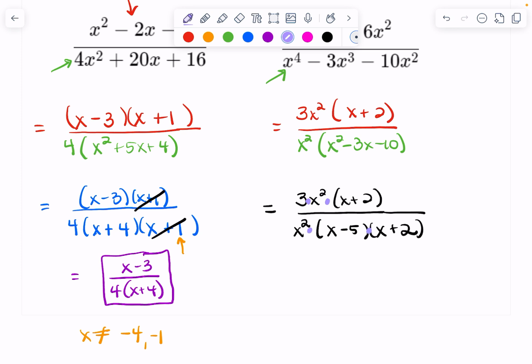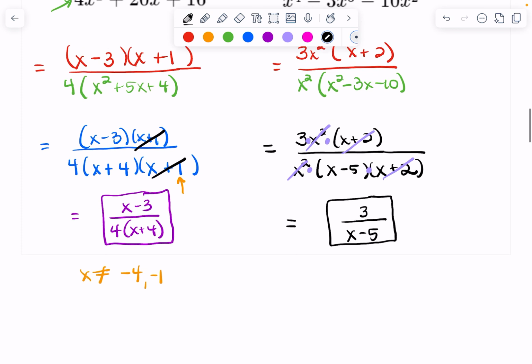So the factors x plus 2 and x squared are cancelers, which gives you a final answer of only 3 left over on the top and a denominator of x minus 5. So it's super important to factor slowly and carefully and not make any crazy mistakes. So the restrictions then: 5, because that's left over in the denominator.